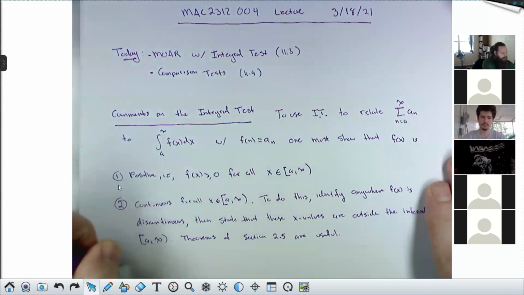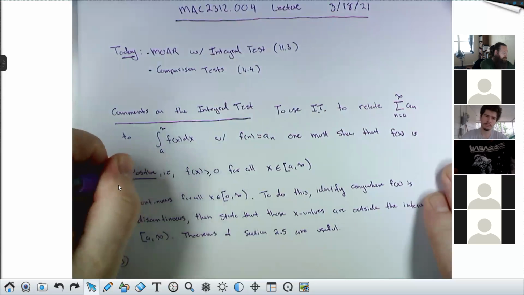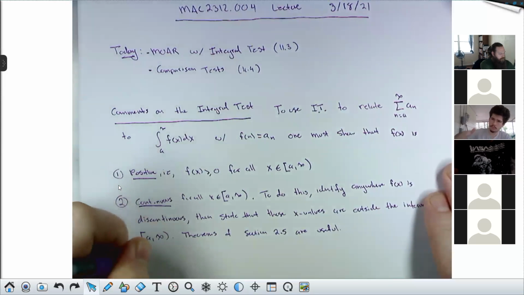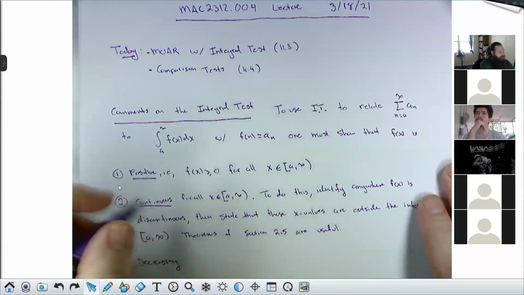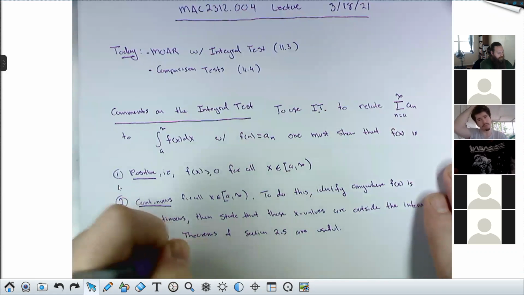The other thing I wanted to share with you, I guess 2 other things. Of course, the third thing we need to do, aside from positivity and continuity, we need to show that the function is decreasing. And the truth is that it doesn't need to be decreasing everywhere on the interval a to infinity.